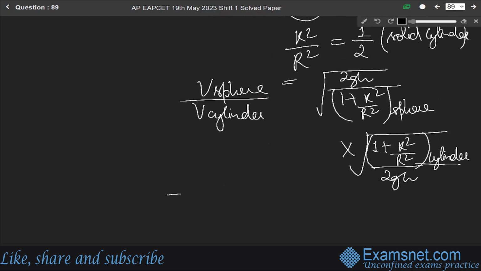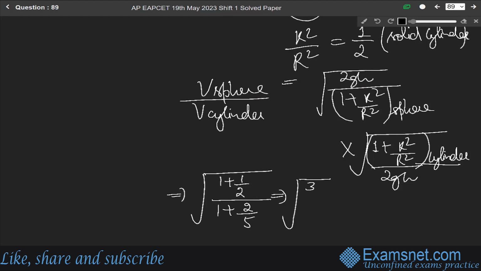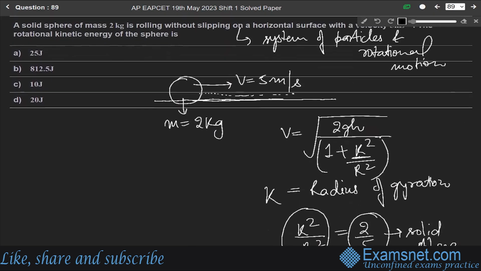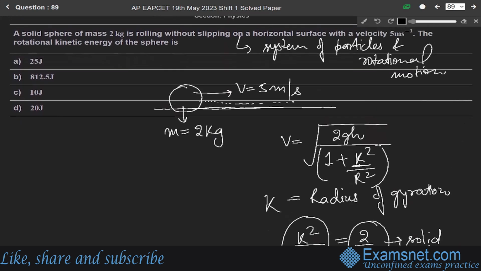So it will be equal to under root of 1 plus 1 by 2 over 1 plus 2 over 5. So it will be equal to under root of 3 by 2 over under root of 7 by 5. It will be equal to under root 15 ratio under root 14. So our answer is under root 15 over under root 14.